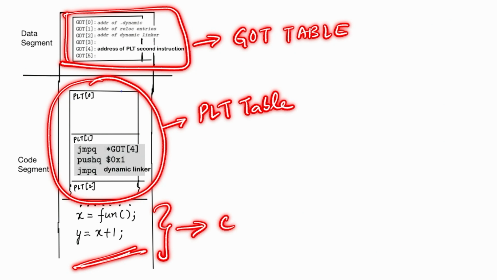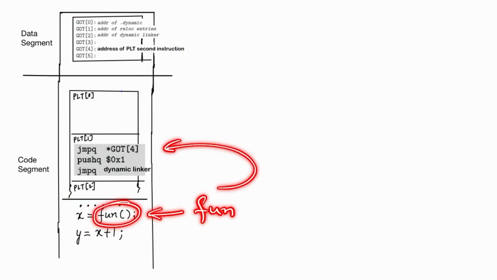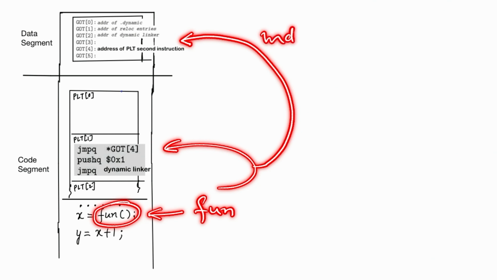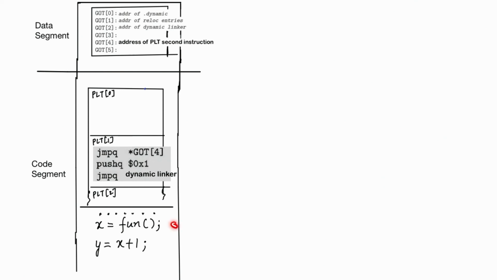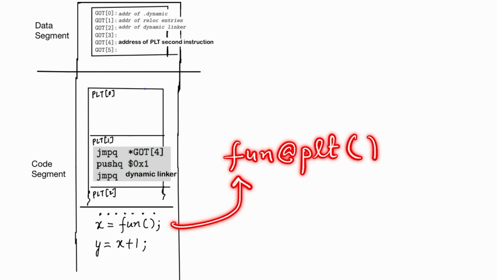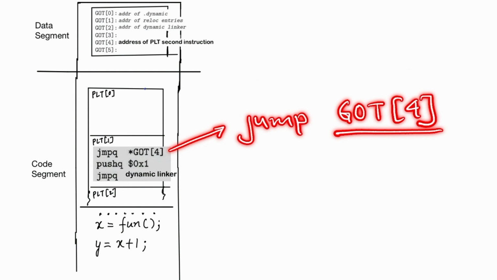Additionally, there's a bit of code in the code section that calls the function fun we just talked about. As we have previously mentioned, the function fun has corresponding entries in both the PLT and GOT tables. Every time an external function call is made in a running program, such as when we call function fun, the execution leaps to a PLT entry for that function. The first instruction in the PLT entry is a jump instruction, which propels us to the location stored in the GOT entry for that function.